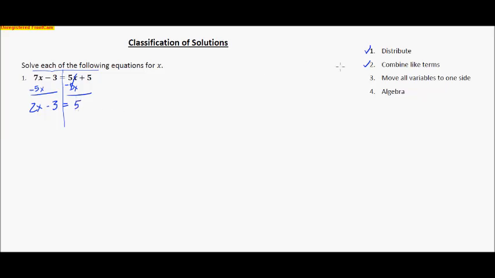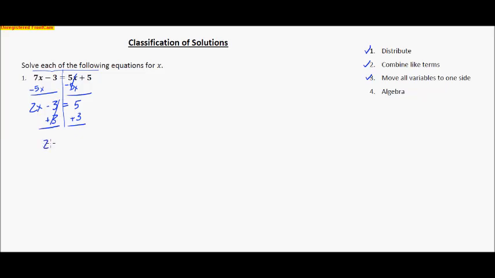So now I've gotten all my x's to one side, and now just left is to do my algebra, solve for x. Alright, so first thing I'm going to do is add 3 to both sides of the equation. And again, remember, put these separators in here. It just makes it so much easier to understand what you're doing. So this negative 3 and this plus 3, they eliminate each other.